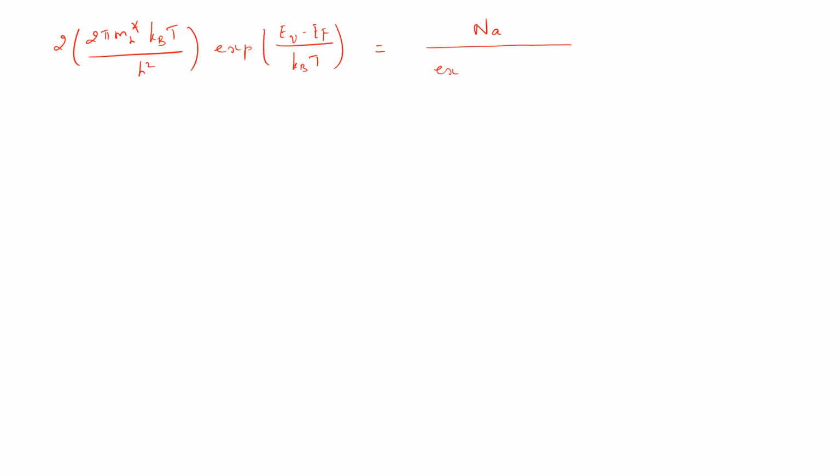Okay. So let me write the equation 2 into 2 pi mh star KBT divided by h square exponential EV minus EF divided by KBT is equal to NA divided by exponential EA minus EF divided by KBT.